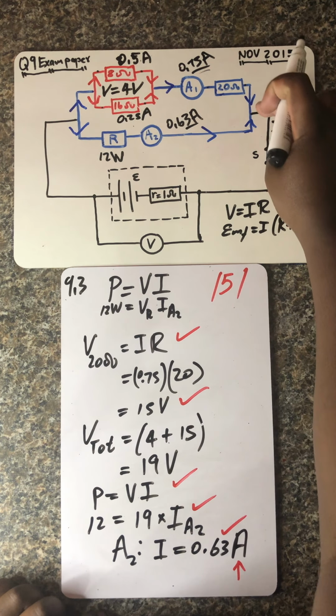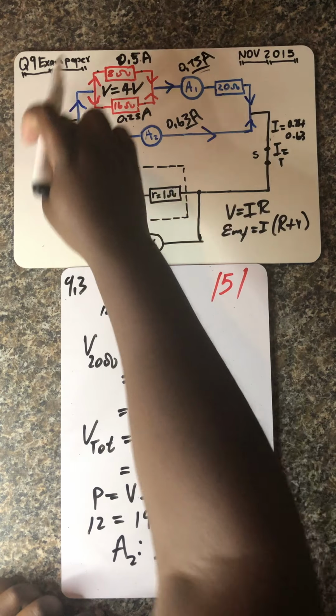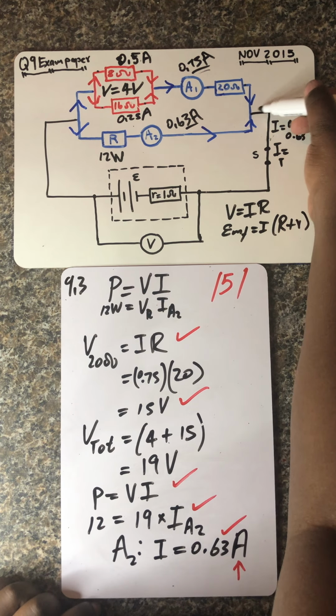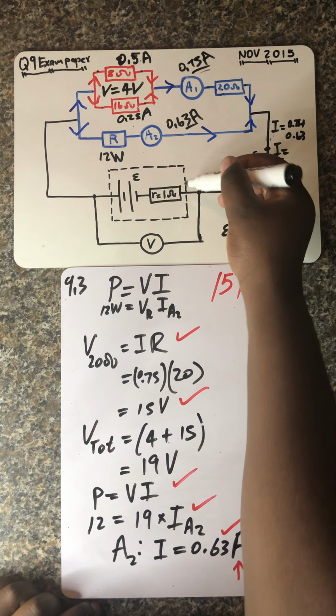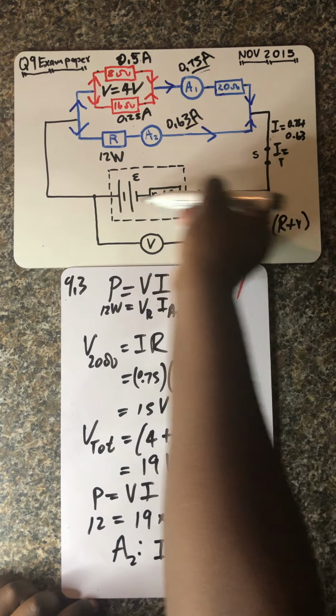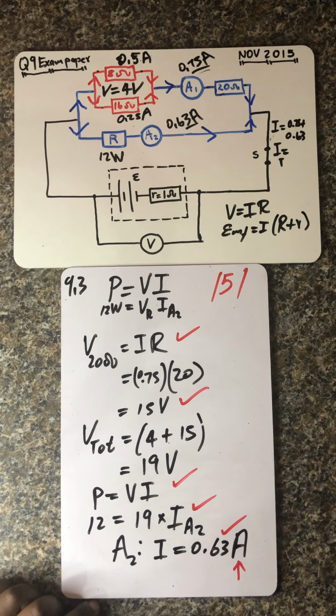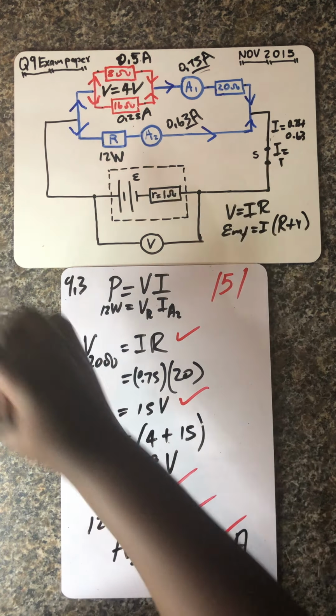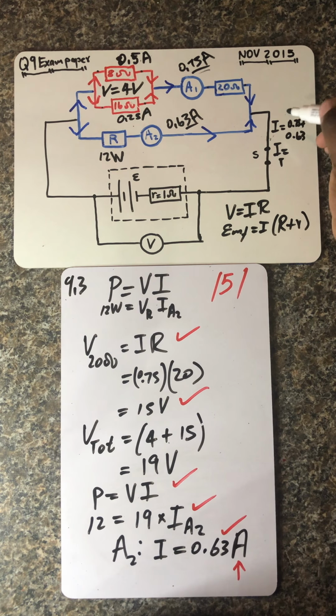So now you've got this current flowing through the external resistance, and the same current flowing externally is the same current passing internally through that internal system, or through that battery.